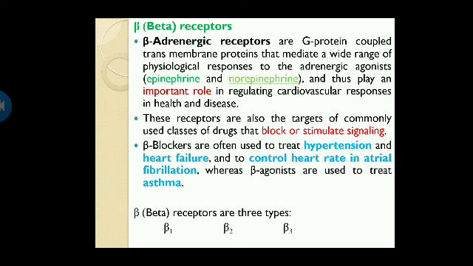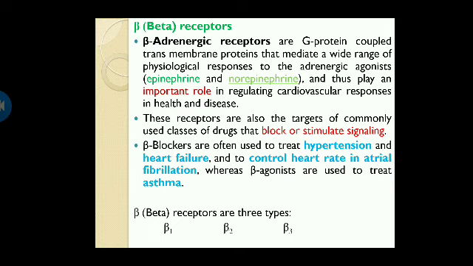These drugs play an important role in regulating cardiovascular responses in health and disease.